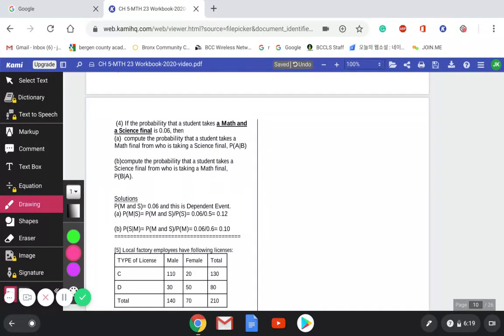How about the probability of A students? Let's not talk about Stacy anymore. So now the probability that students take math and science is 0.6. Compute the probability that a student takes the math final given that they are taking the science final. So that means find the probability in A given B format.